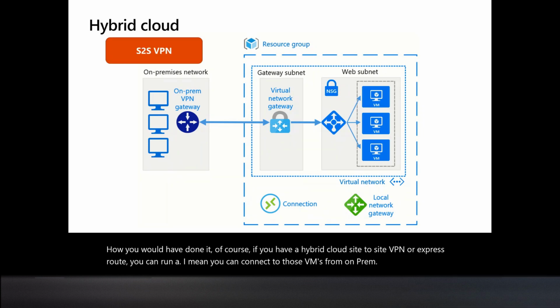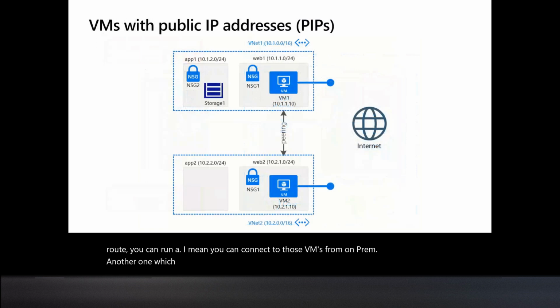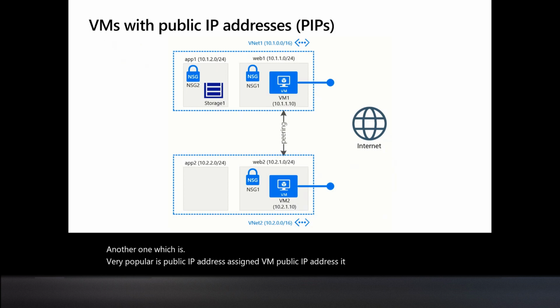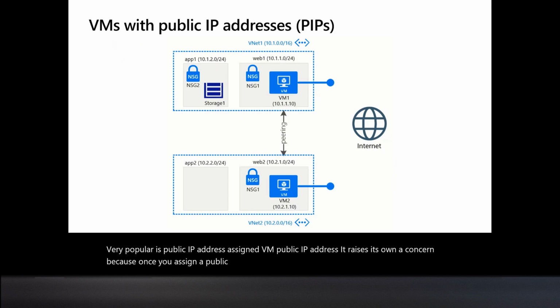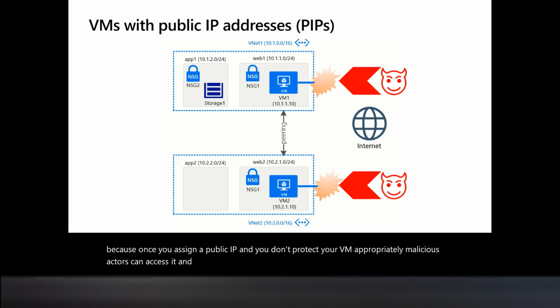Another very popular one is assigning the VM a public IP address. It raises its own concerns because once you assign a public IP and you don't protect your VM appropriately, malicious actors can access it and cause problems.